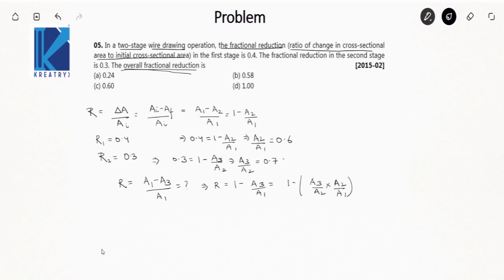Substituting the values from the first and second stages, we get 1 minus 0.7 times 0.6, which is 1 minus 0.42, equal to 0.58. So this is the answer. Option B is correct.